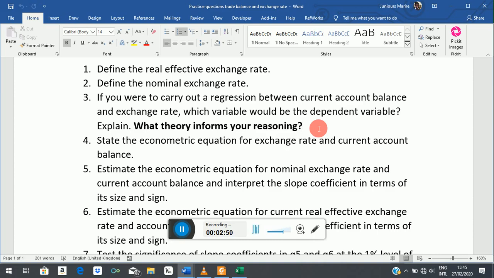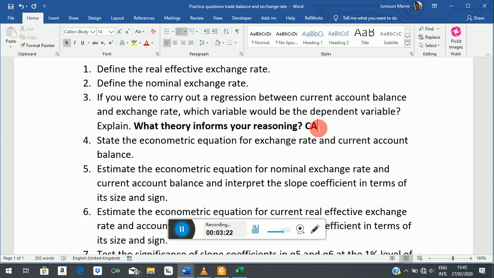You will remember that your current account balance is really the difference between the sum of exports of goods and services less your imports of goods and services, bilateral transfers and so forth, remittances and other things might be included in there. Now, the difference between those gives us our current account balance.